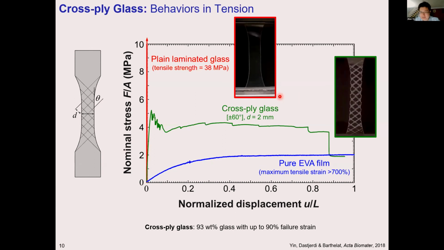When you engrave the interface here, initially those two glass plies are not joined, but very closely packed. So the interface itself is very thin. You can barely see it.